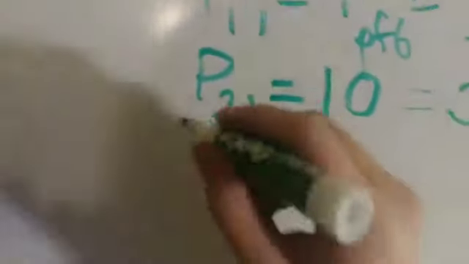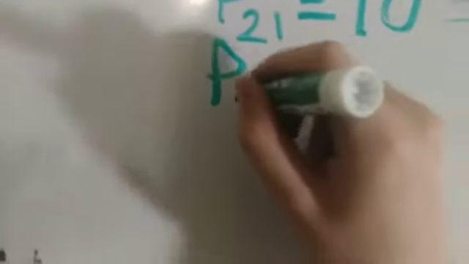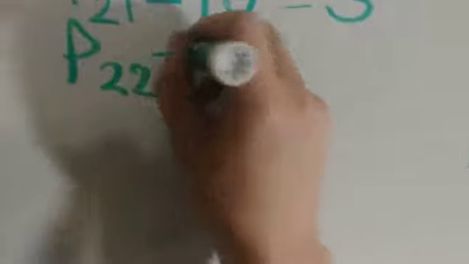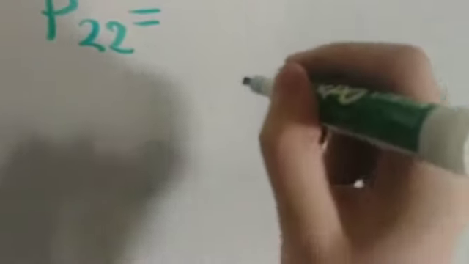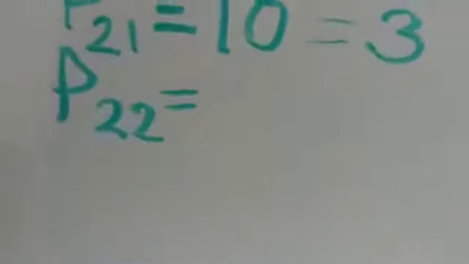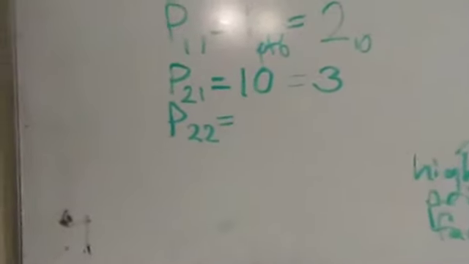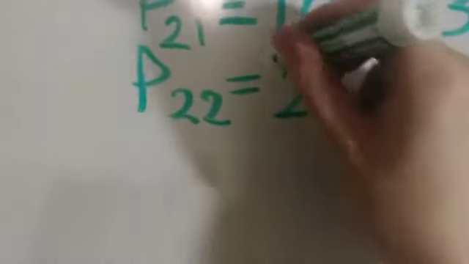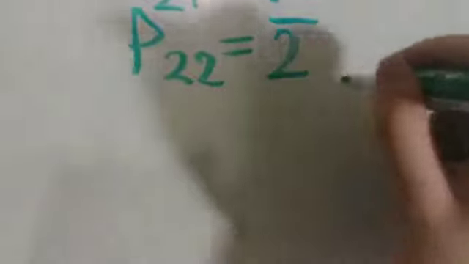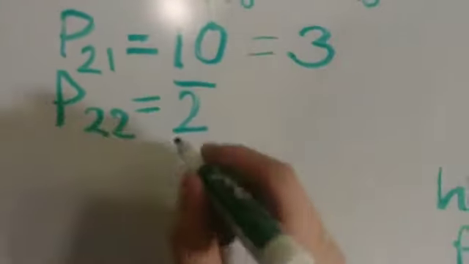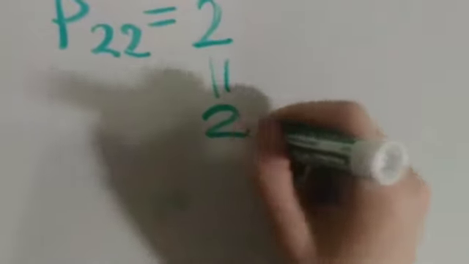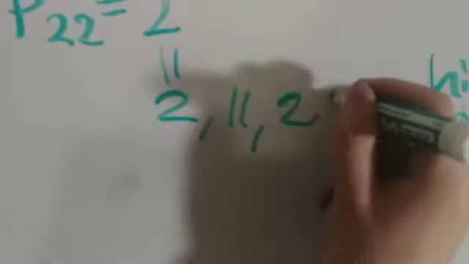After P21, you fill up the 2's, so you go to P22. Well, P22 is the entire sequence of 2 with a line over it. So P22 is 2 with a line over it, which is 2, 11, 20.